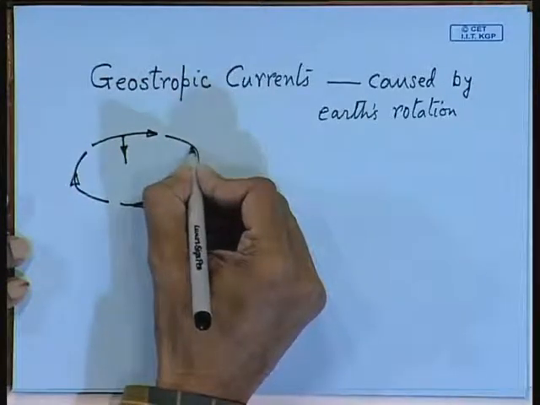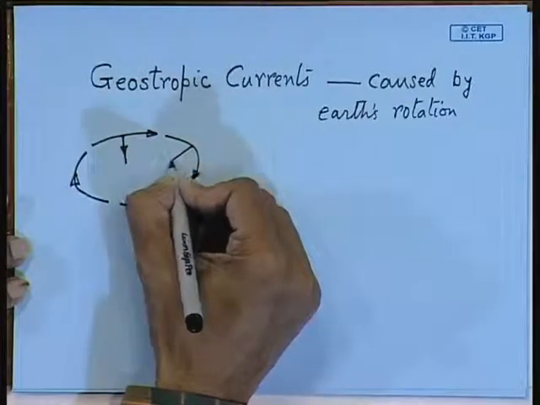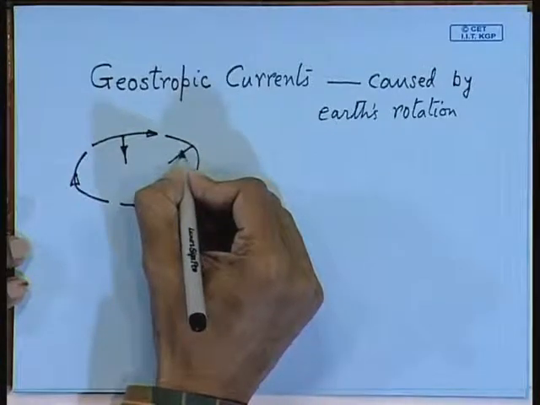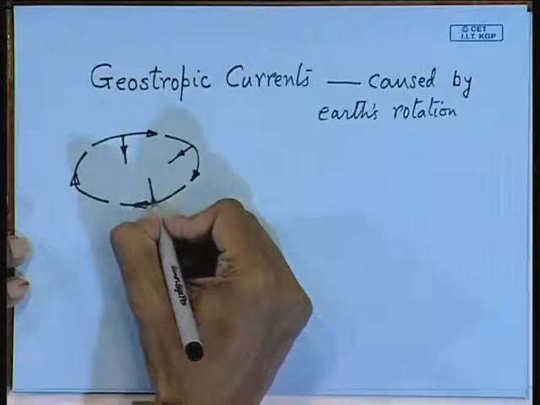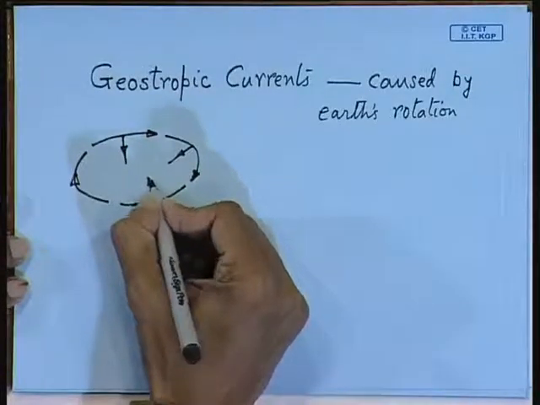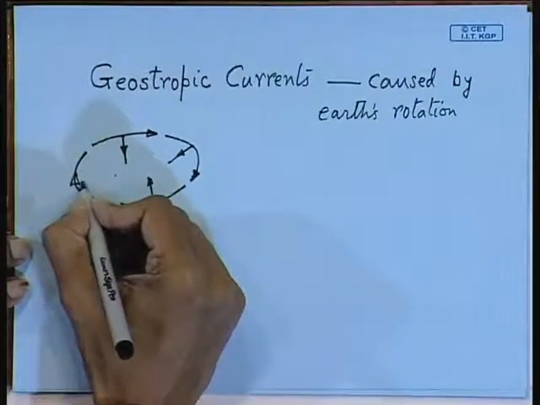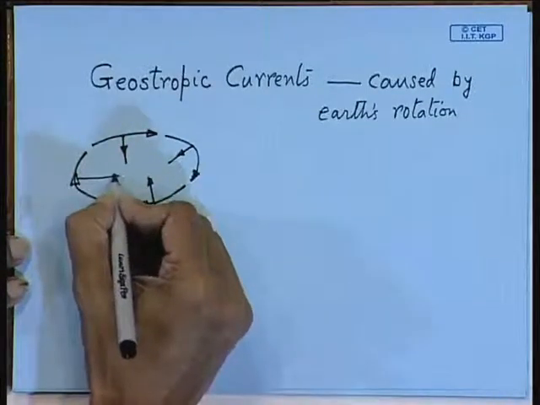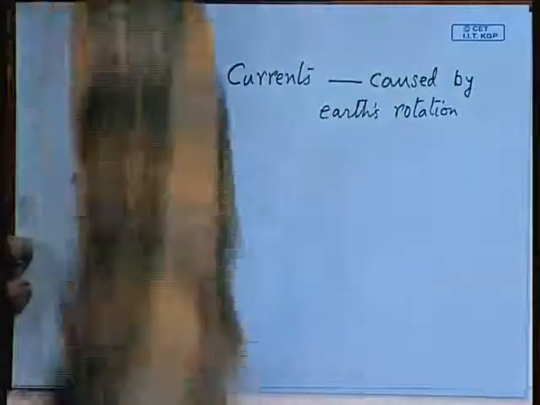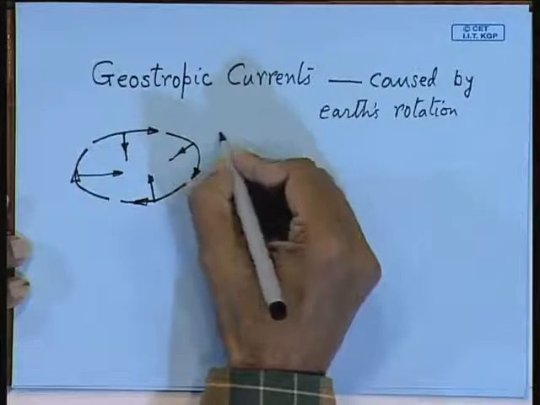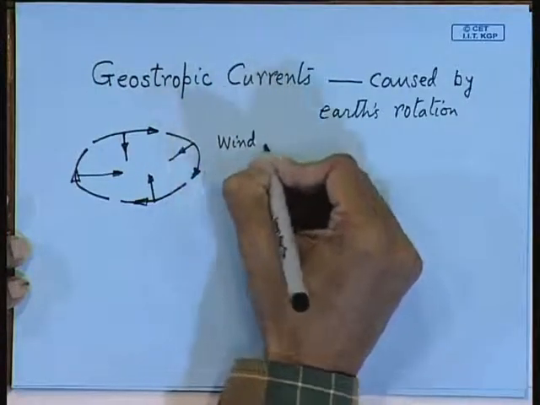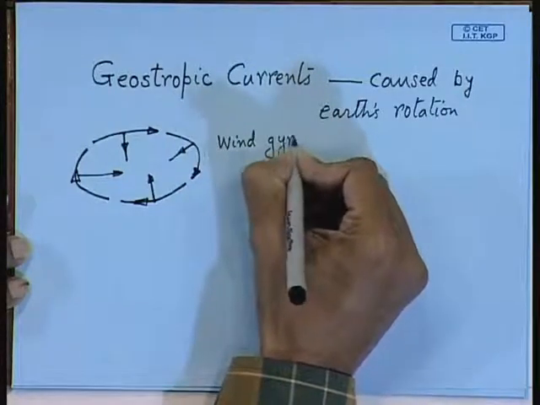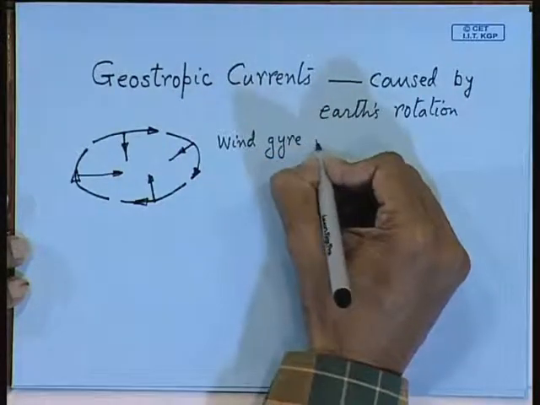Again, net water transport that is coming from this gyre will be coming in this direction. So, in which direction all the water is going? So, all your water is collecting towards the center. So, this is an example of a wind gyre in northern hemisphere.